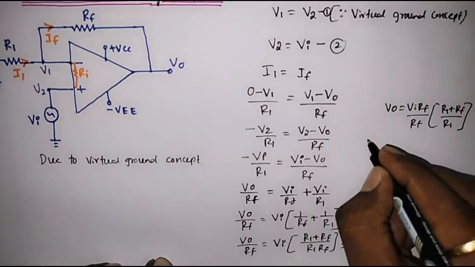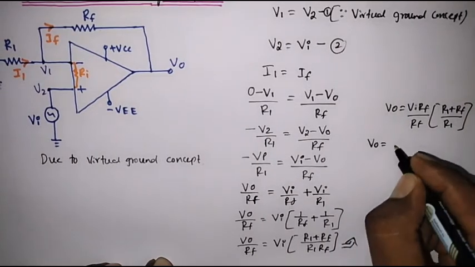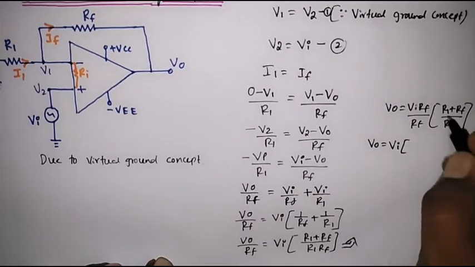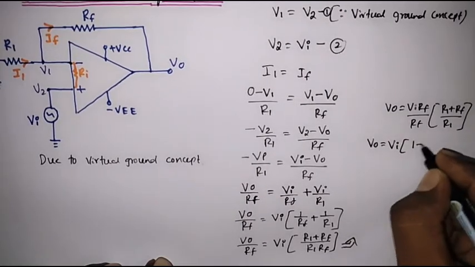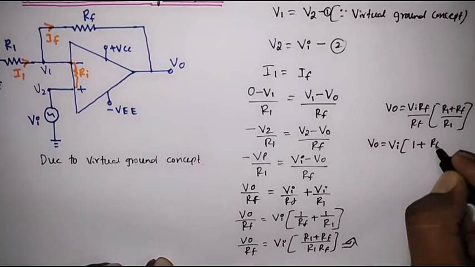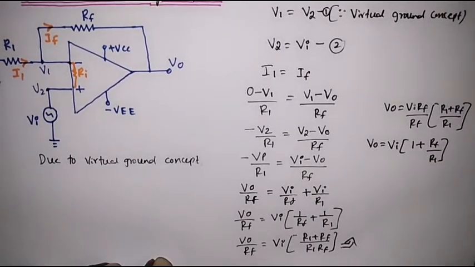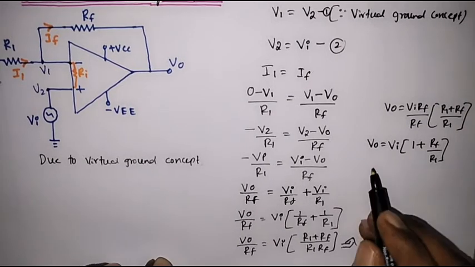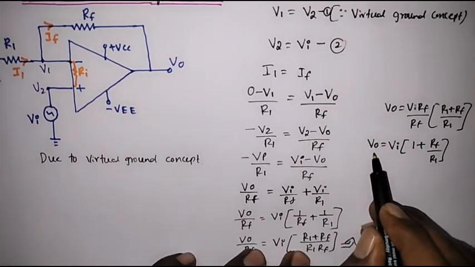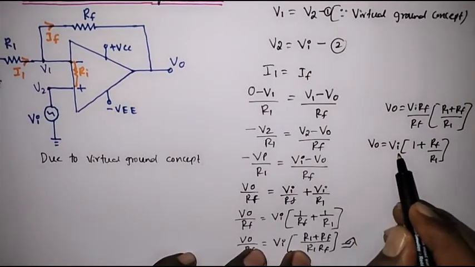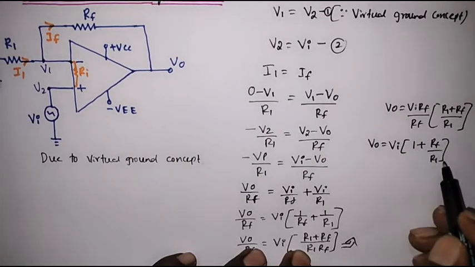So I can further simplify this as VO is equal to, RF will get cancelled, Vi in bracket R1 divided by R1 is 1, plus RF by R1. So therefore the output voltage VO is equal to Vi multiplied with 1 plus RF by R1.